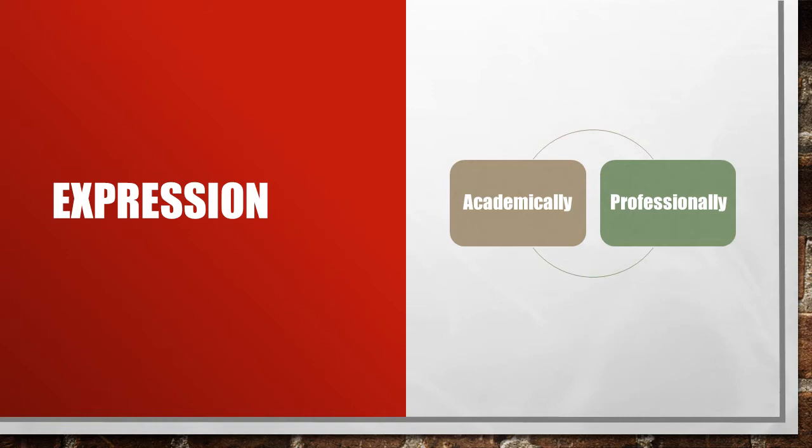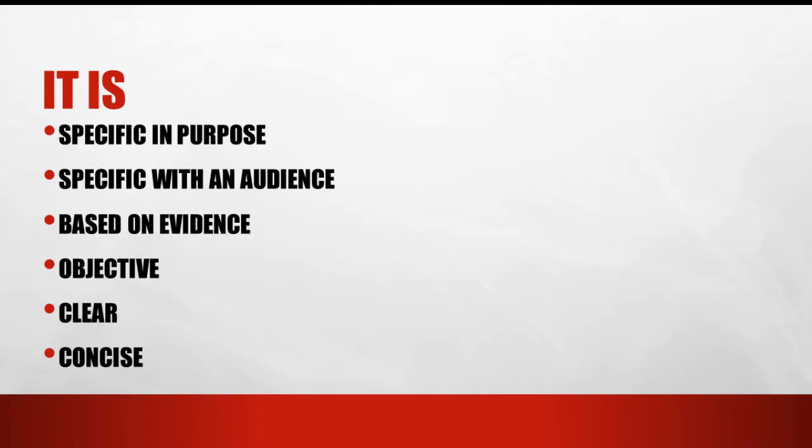And what separates this form of writing from others is that it's based on evidence, not on biases, not necessarily even subjectivity. There are no assumptions with it. It's objective with its tone and the substance that you're including in what you're doing. It's clear, it's concise, and it's mechanically correct.